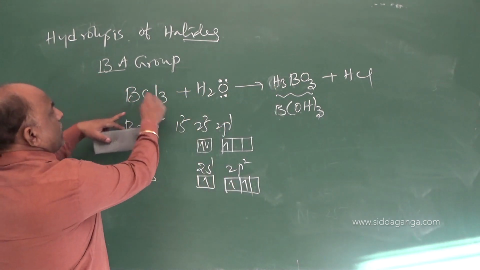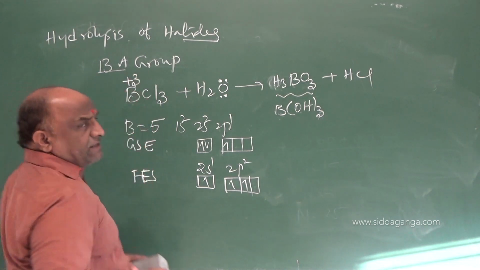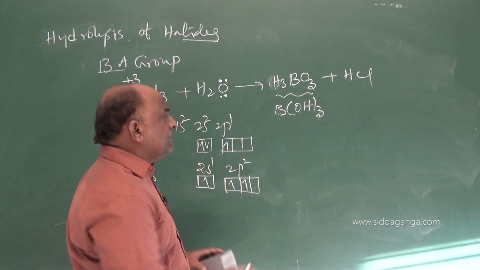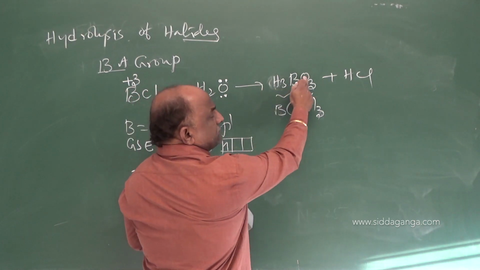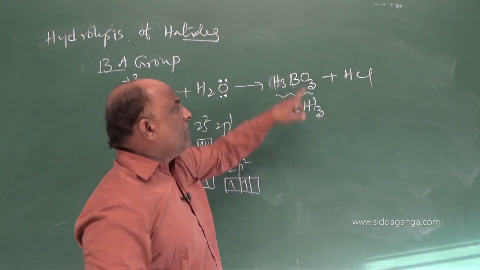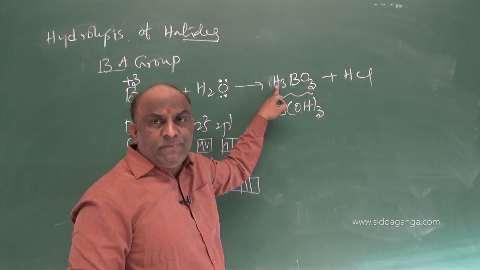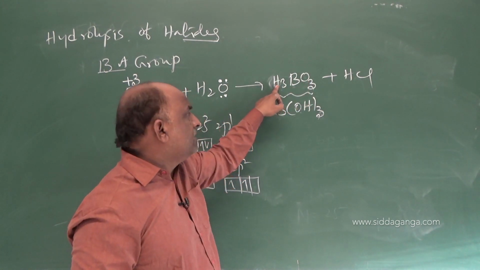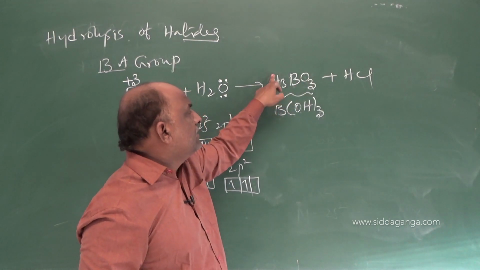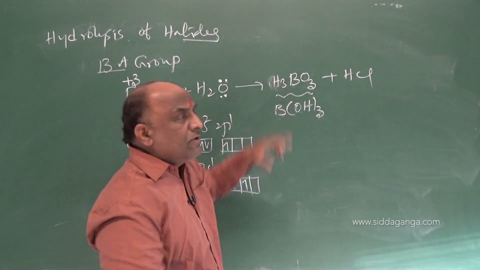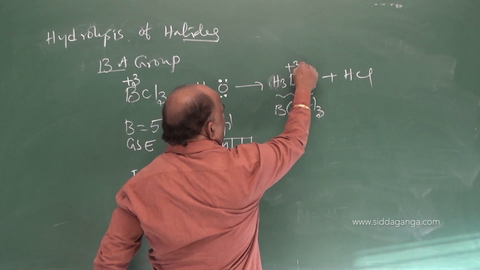In boron trichloride, the oxidation state of boron is +3. In the product, oxygen oxidation state is -2, times 3 is -6. Hydrogen oxidation state +1, times 3 is +3. Here -6, here +3. Then what do we require for neutralization? We require again +3.